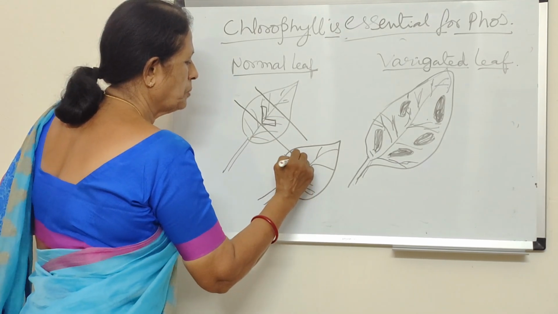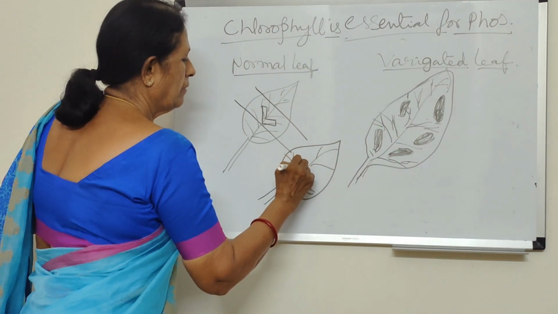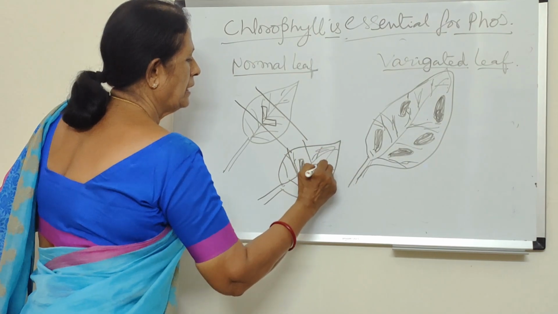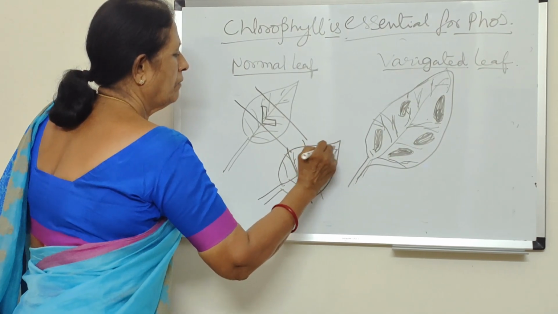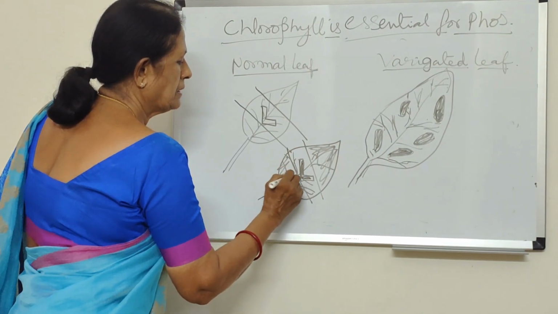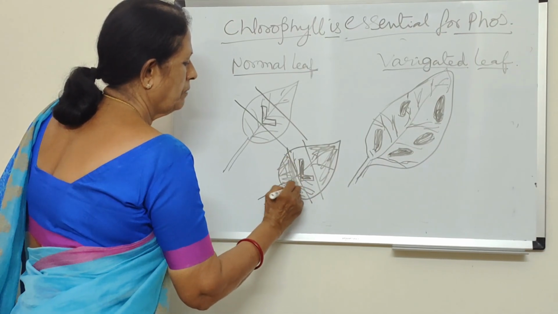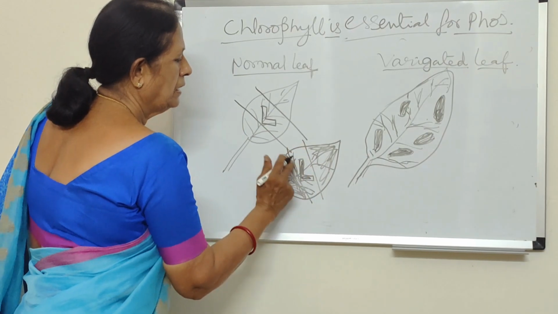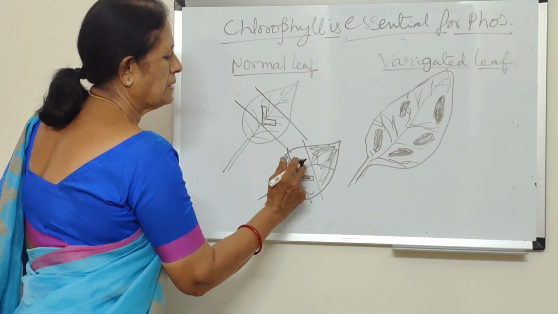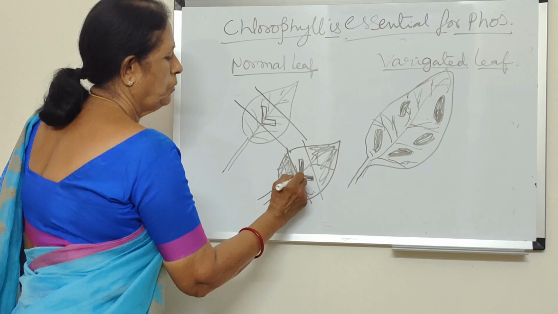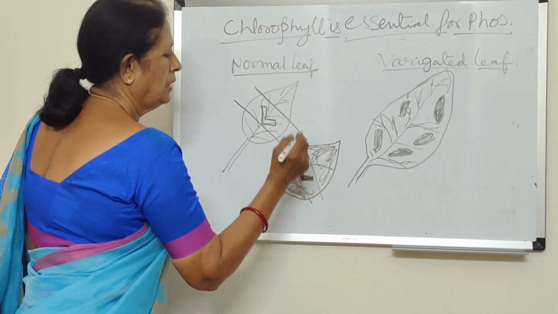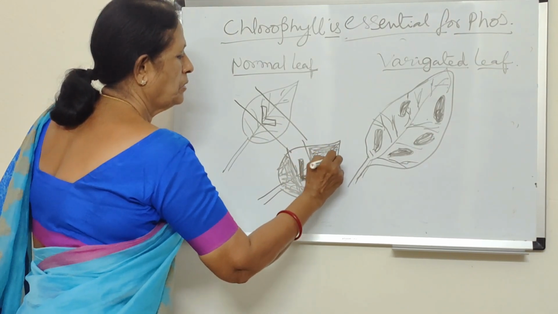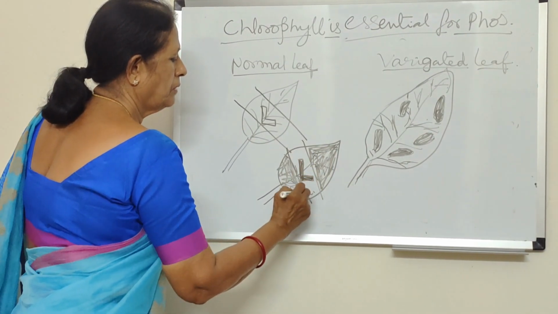Only the exposed part will get converted to blue black, showing the presence of starch. This part is not covered, so it will not turn blue black; it is not responding to iodine solution, and it is not showing the presence of starch.